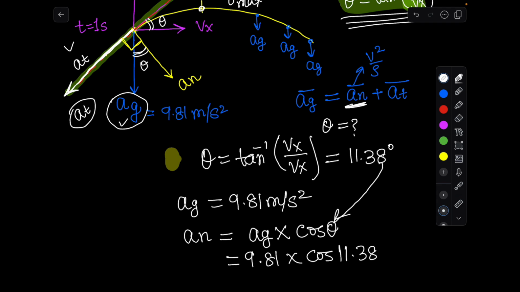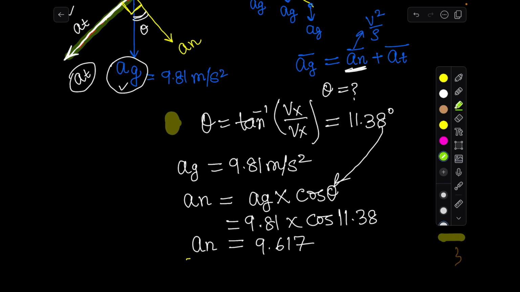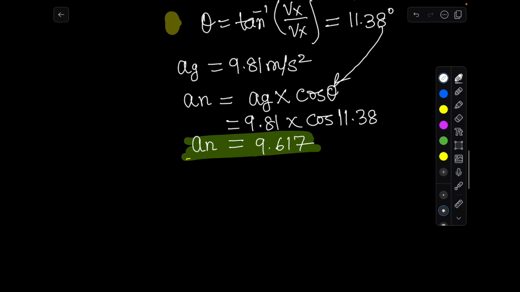We got the information, we will calculate this value AN. So the value for AN is 9.61 meter per second square. Now we are going to calculate our most important value.